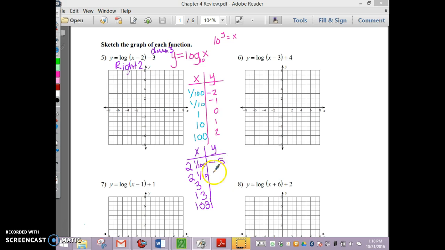So negative 5, negative 4, negative 3, negative 2, negative 1. So at 2 and 1/100th, I'm at negative 5. 2 and 1/10th, I'm at negative 4. 3, I'm at negative 3, and then 12 is at negative 2, so that's all the way over here.